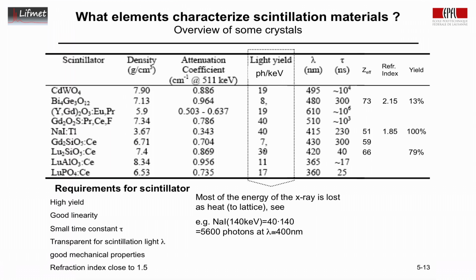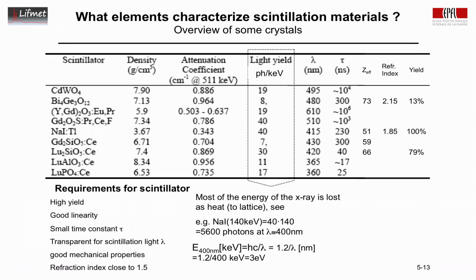So if we have one of those X-rays impacting the crystal, we are producing 5,600 photons with a wavelength of about 400 nanometers. It's 415, but this is good enough for our estimation here. So we have 5,600 photons with a wavelength of 400 nanometers.